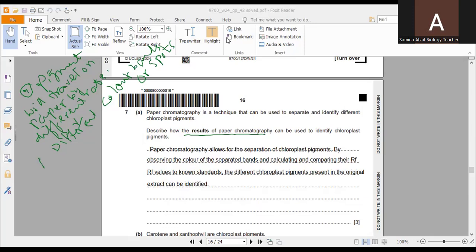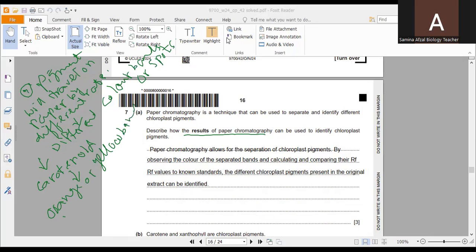So according to this, the different colors shown by these different pigments: the carotenoids will appear as orange or yellow bands, so it will show a distinct color, orange or yellow.